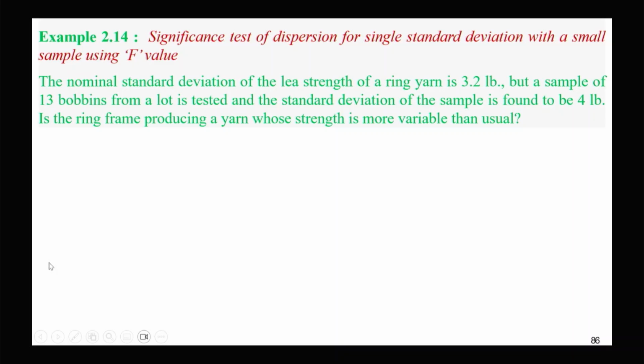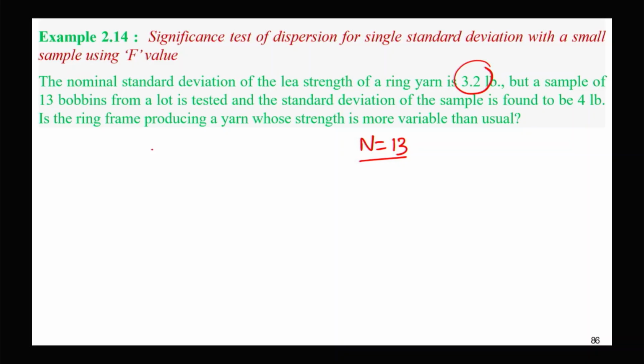So the number of samples here, N is 13, number of data. And the nominal standard deviation, that is the population standard deviation, is 3.2.